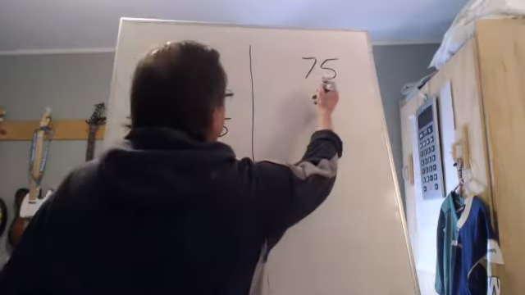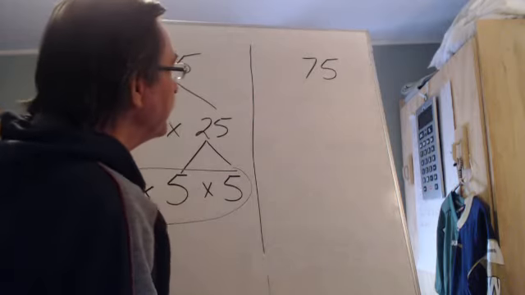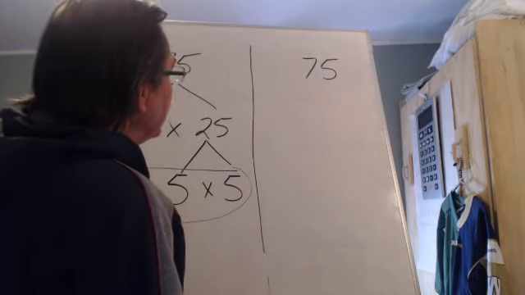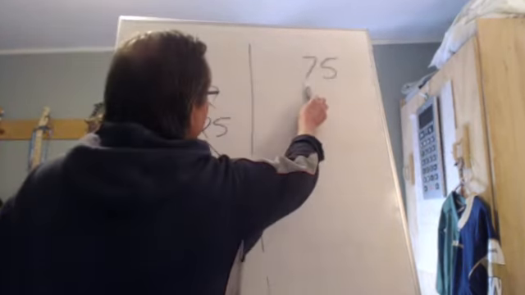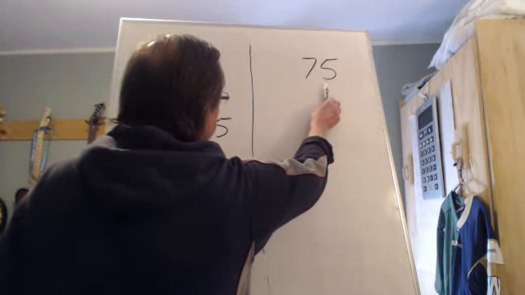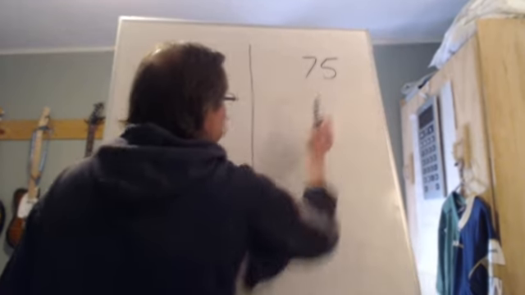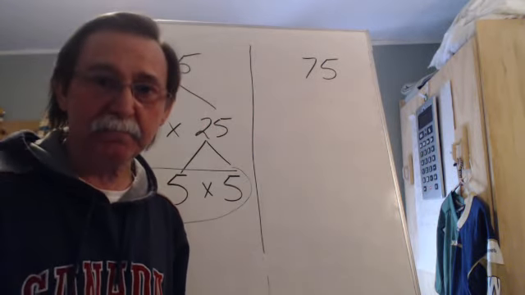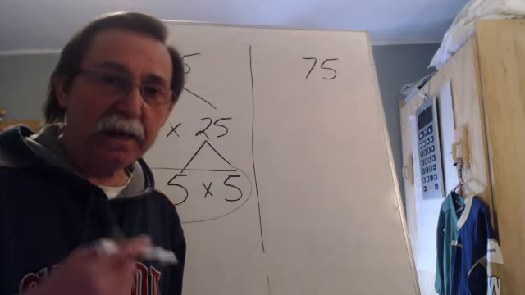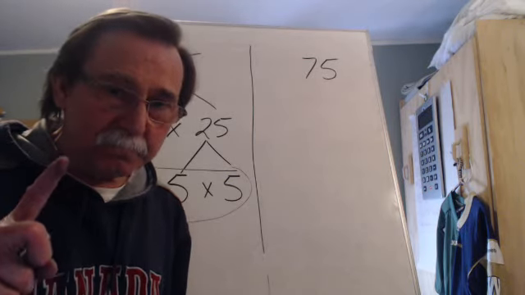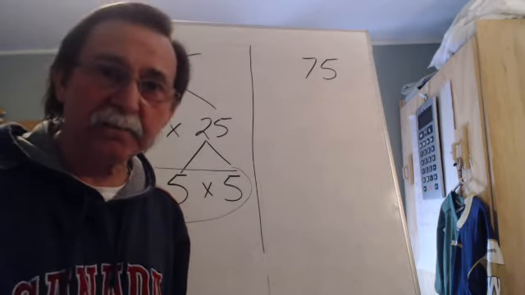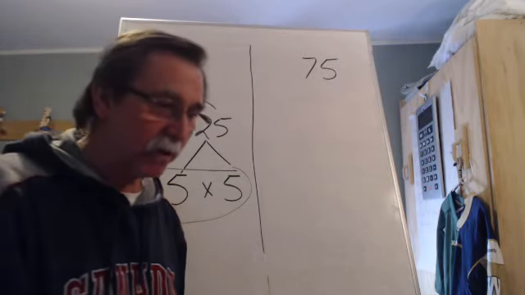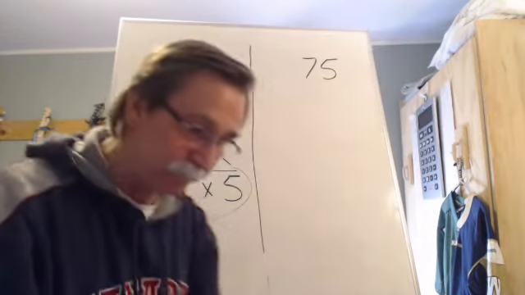Now, let's see. Can we use another method here? What do we know about the number 75 that we've seen before? Oh, because it ends in a 5, it's part of the 5 times table. And I'll deal with this a little bit more on the next video about dividing and so on. But right now, just kind of trust me on this and go to your multiplication table.